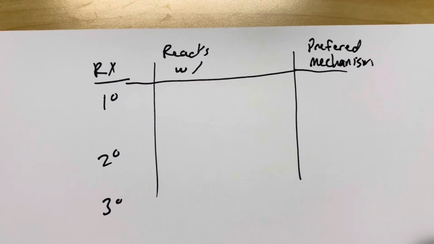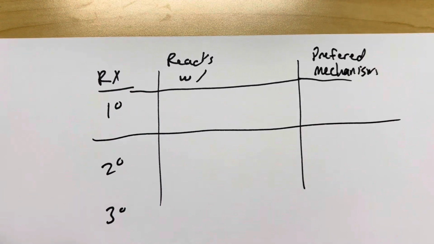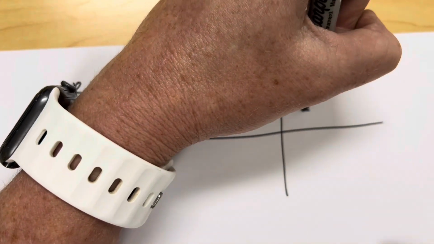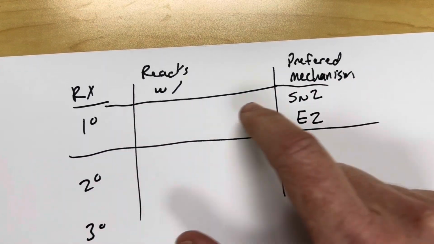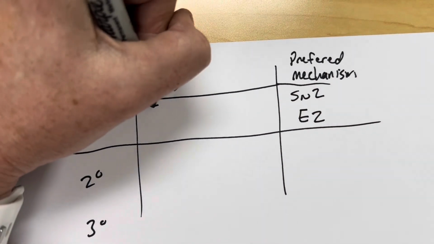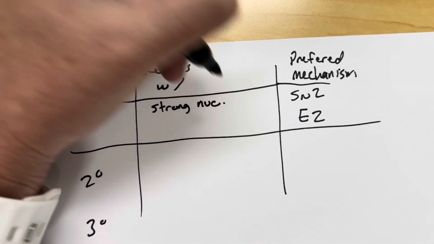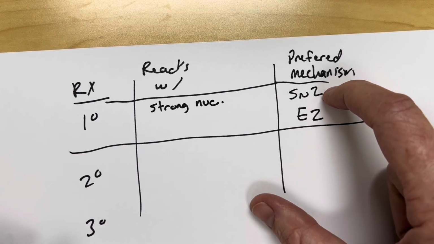So if you have a primary, your choices are pretty much only SN2 or E2, right? But let's talk about the conditions for SN2. It will be an SN2 if you have a really strong nucleophile. Hopefully that makes sense. If it's a weak base but a strong nucleophile, it'll attack via SN2.